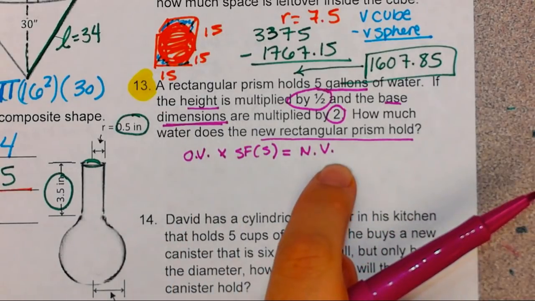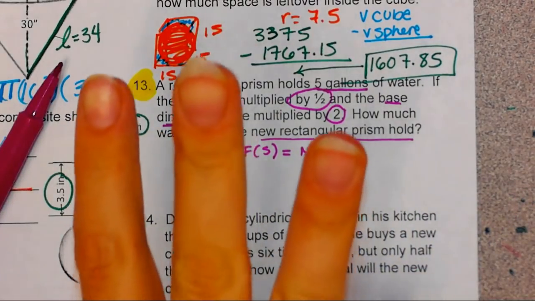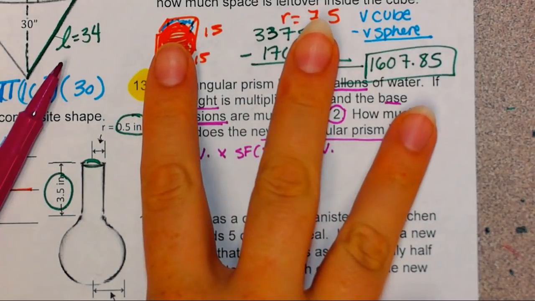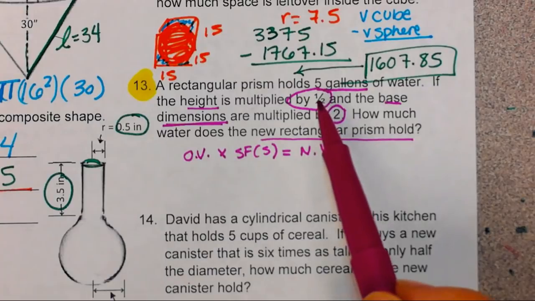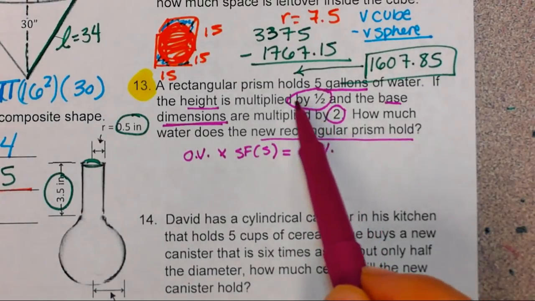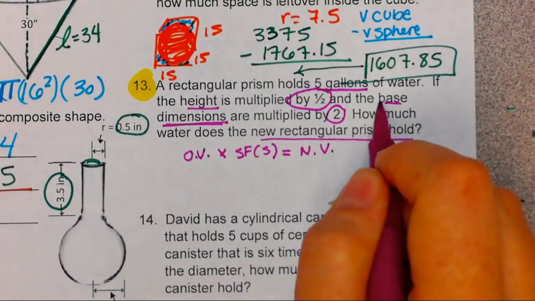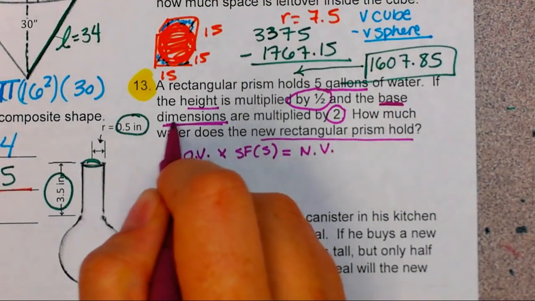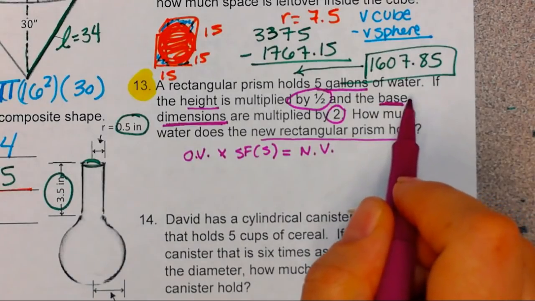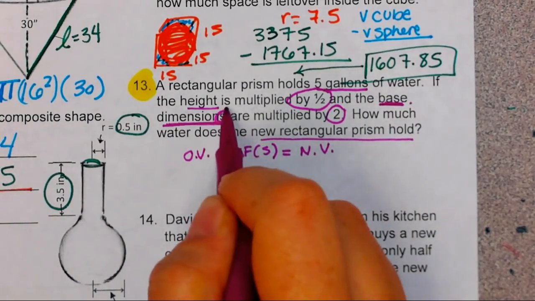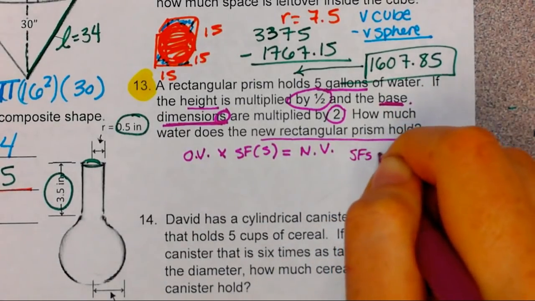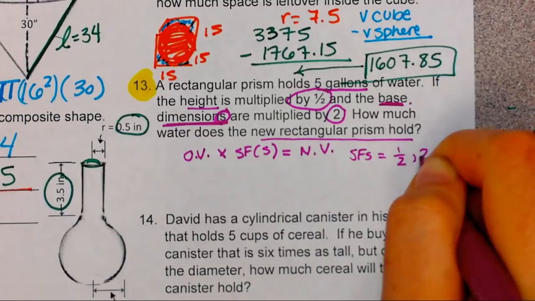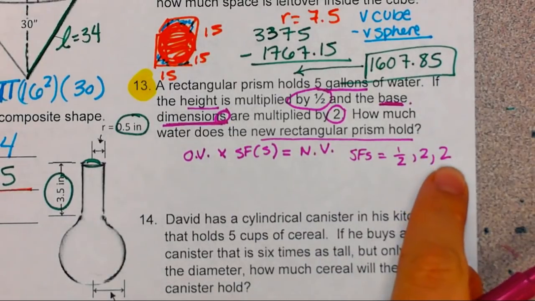In these situations, volume always has 3 scale factors because it has 3 dimensions. The trick here is that they're only giving you seemingly 2 scale factors, a half and 2. That's why you have to pay careful attention to the words. It says base dimensions, plural, are multiplied by 2. That means your scale factors are 1/2, 2, and 2.